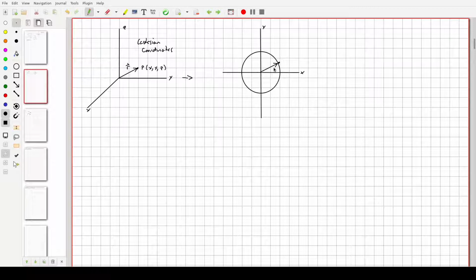And if you look here, you have an angle, theta, and then you have r, which locates this. We call these circular polar coordinates. And when it comes to rotations, especially two-dimensional rotation, which is primarily what we're going to be dealing with, this is the way to go.